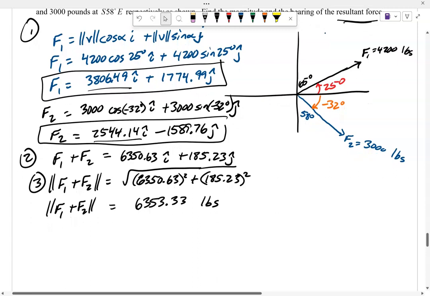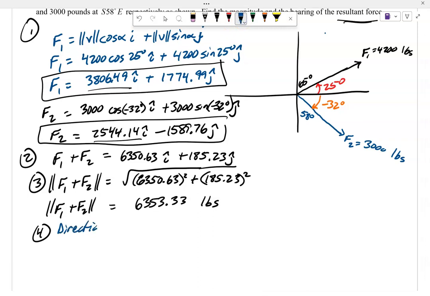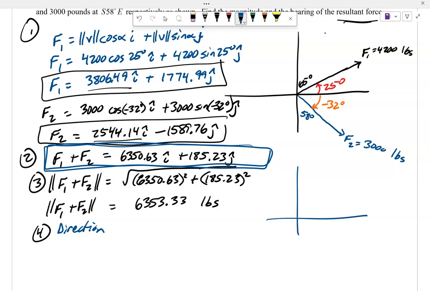And then now let's go ahead and find the direction. So step 4, direction. Here's my resultant vector. So my A is 6350, my B is 185.23. If I'm drawing this, I'm going right 6350, and then I'm going up a little bit.